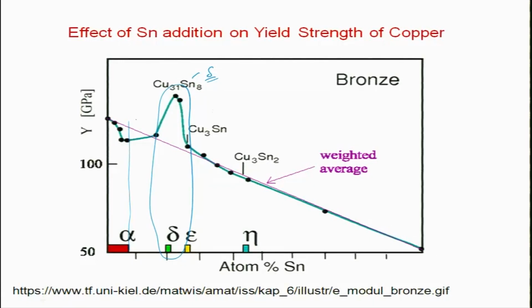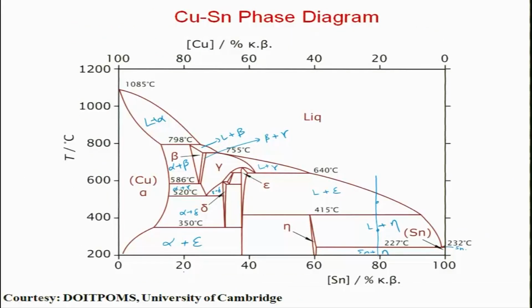So, you can see that if you want high strength, you have to be roughly around 10 to 20% of tin. You have to be somewhere here to achieve high strength. So, this region is the important region for bronzes.